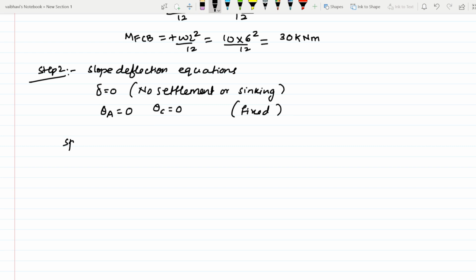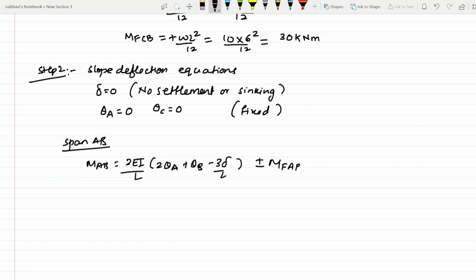Now for span AB, let us write the slope deflection equations. MAB equal to 2EI by L (2 theta A plus theta B minus 3 delta by L) plus or minus MFAB, which is equal to 2EI by span AB, length is 6, and theta A is 0, delta is 0, so theta B, and MFAB value is minus 45.